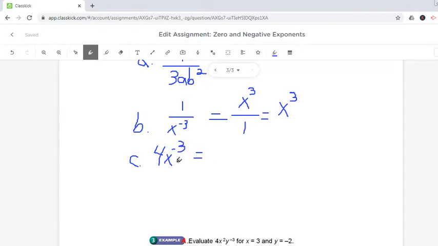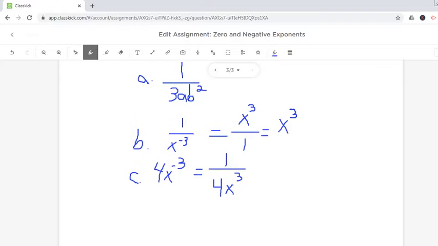So negative exponent, we put all of this down in the denominator. And we change the negative to a positive. There we go. And then a 1 in the numerator.